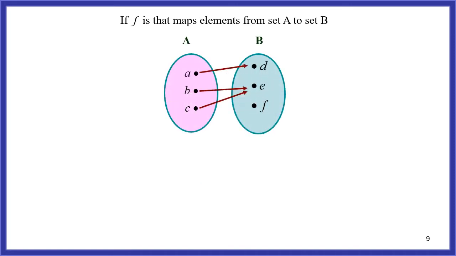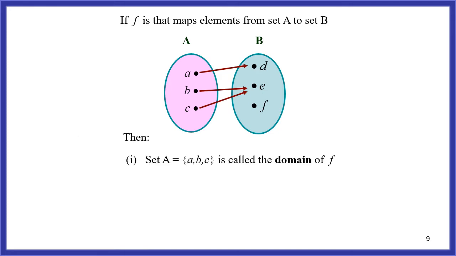If F maps elements from set A to set B, every element in set A will have an element in set B. It doesn't matter if it is the same element in set B or a different one.